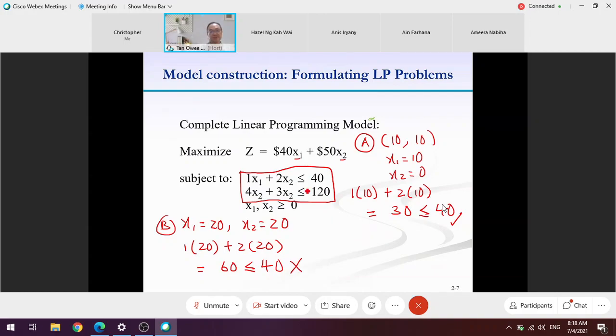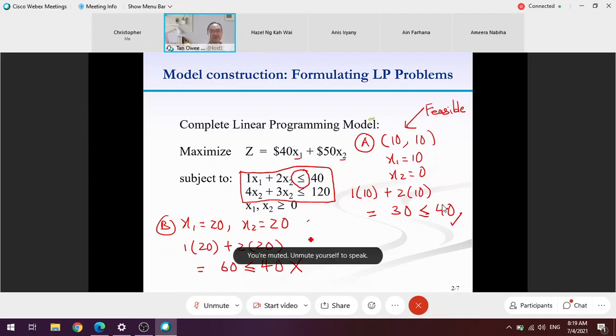So recap, I'm saying that we can replace x1 and x2 with any number. However, when I'm replacing x1 and x2 with a set of numbers that still complies with the conditions of the constraint, then I say this is a feasible solution. When I replace x1 and x2 in the constraint with a set of numbers and the result still complies with the requirements of the constraint, then I say the set of numbers that I replaced is feasible.